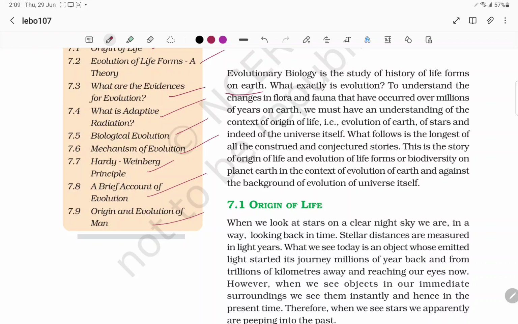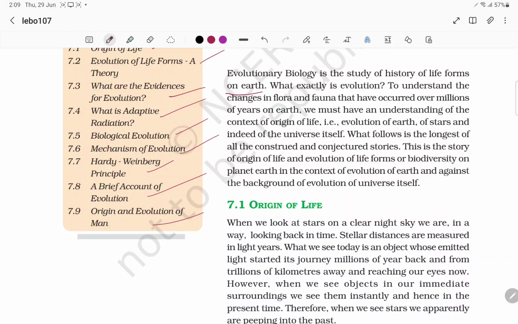And on the earth, 4.5 billion years ago the earth was formed, and 4 billion years ago life was formed. The first non-cellular life forms were formed about 3 billion years ago, and the first cellular life forms were formed 2 billion years ago.